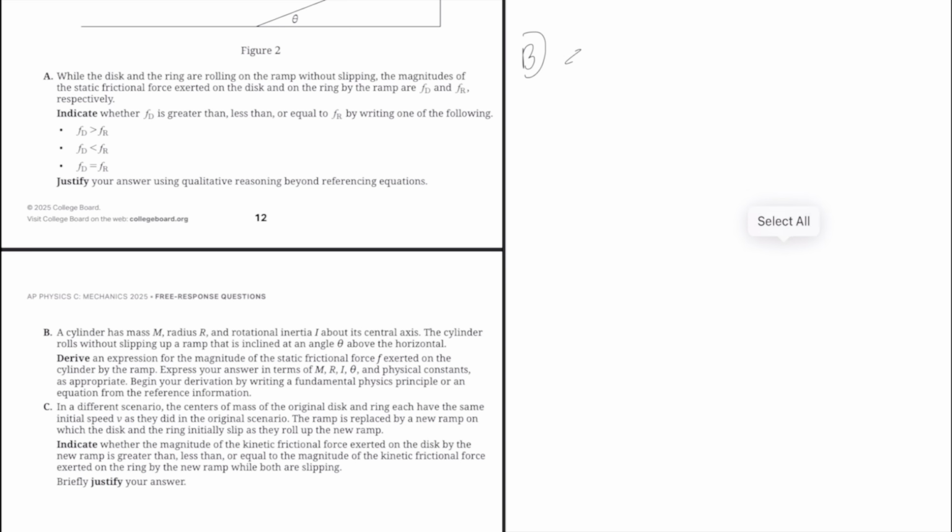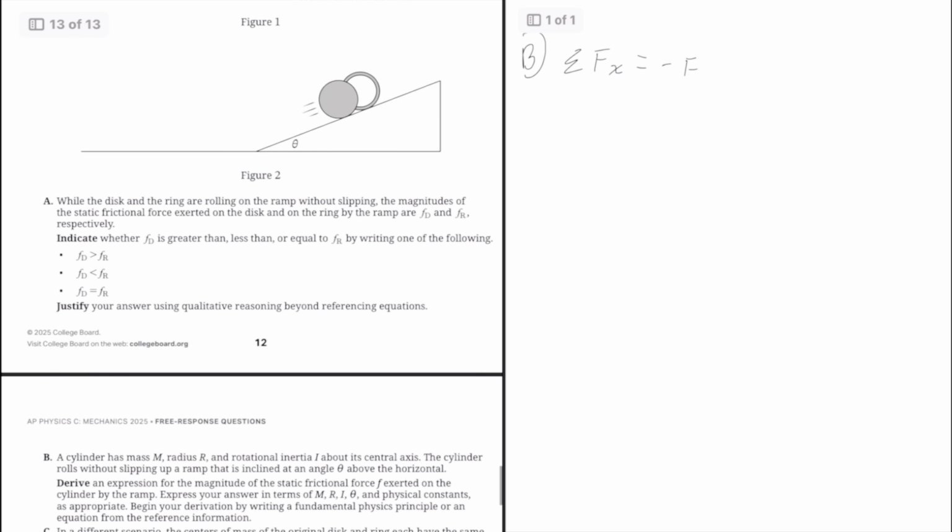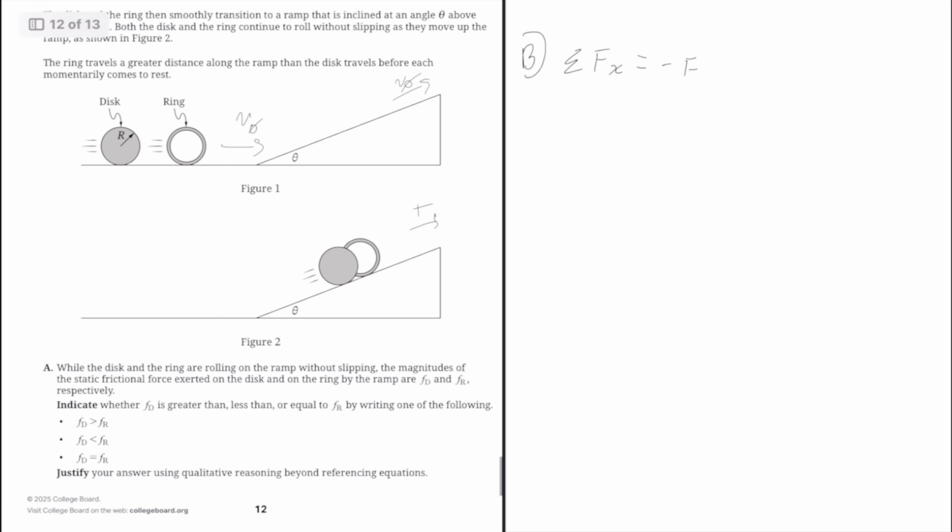So what we're going to do is start with Newton's second law. We're going to write it right this time, of course. If it's moving up the ramp, I'm going to call this way my positive, this way my negative.